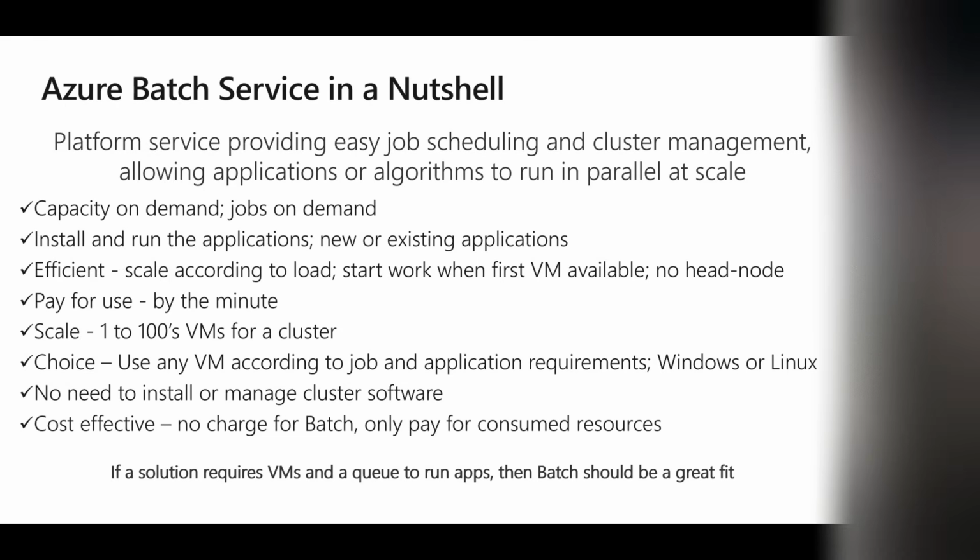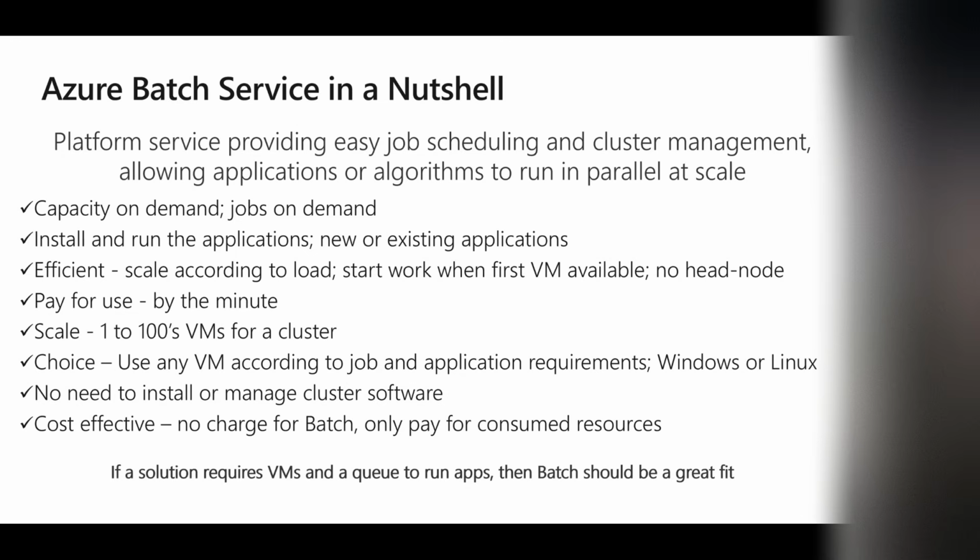So with that, here is the Azure Batch service. Put simply, Azure Batch service allows you to run your extremely parallel tasks. Let's say that you need to process 1,000 images, just as an example, and you can process them in parallel.